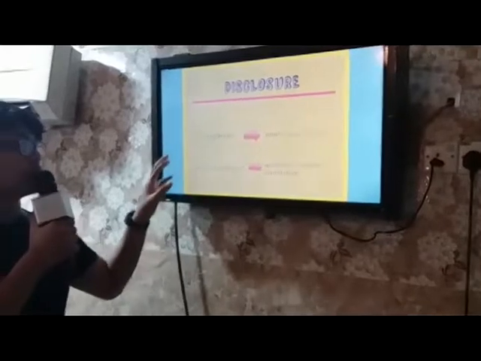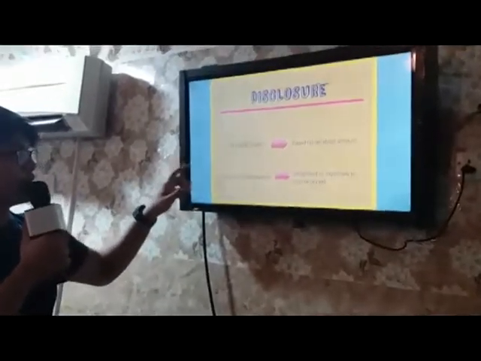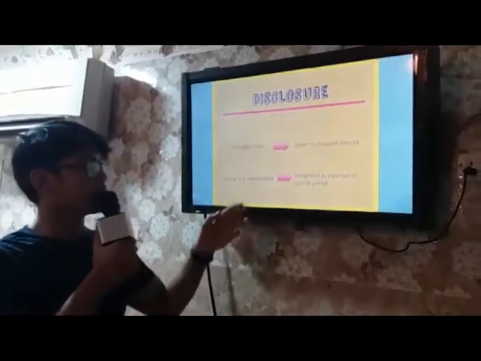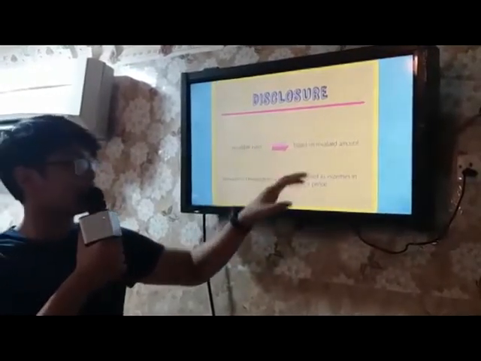Okay, next is disclosure. There are two items. First, intangible asset. We chose a trademark, based on the revalued amount.